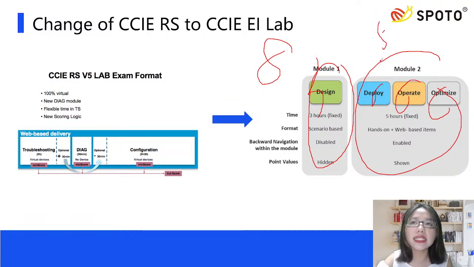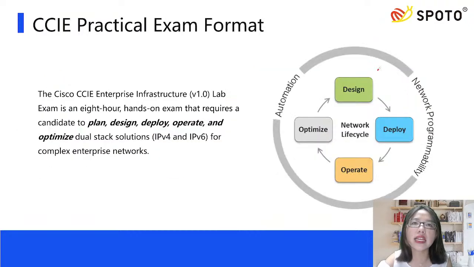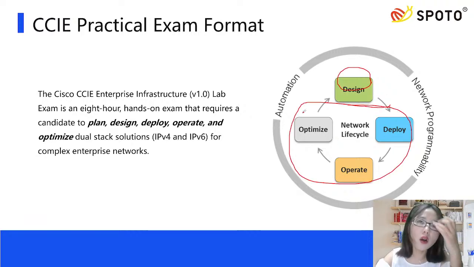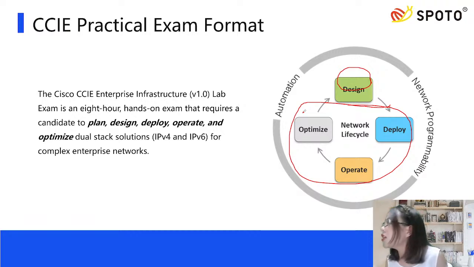Candidates will be tested on varying technologies and solutions listed in the exam topics throughout both modules. While both modules are independent from each other, there is a progressive storyline that will build upon throughout the entire 8-hour lab practical exam. Candidates will not be able to navigate back and forth between modules.